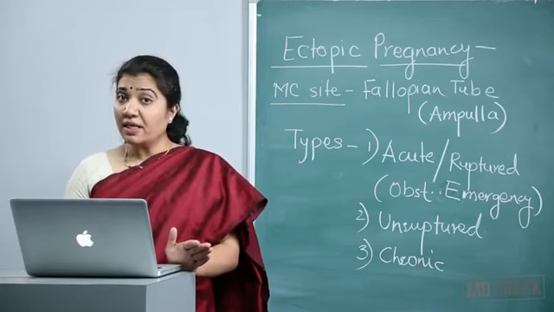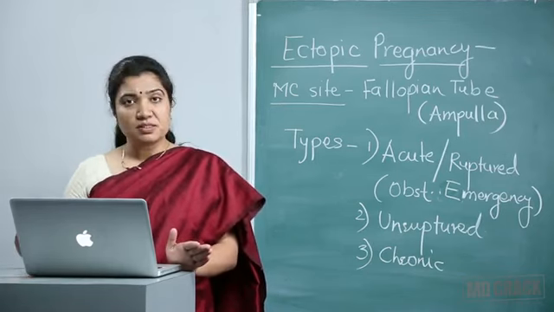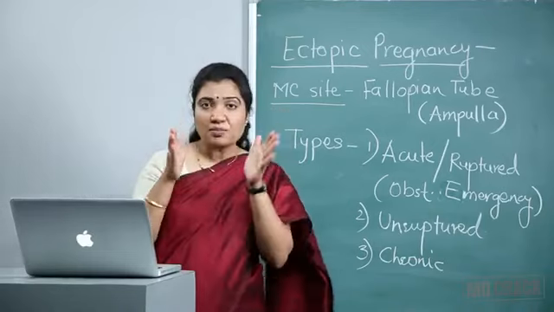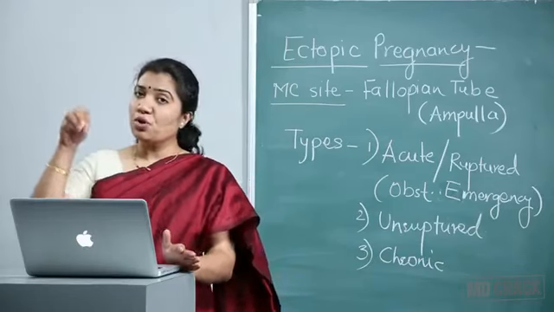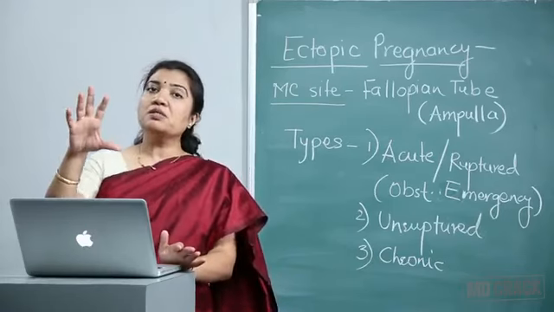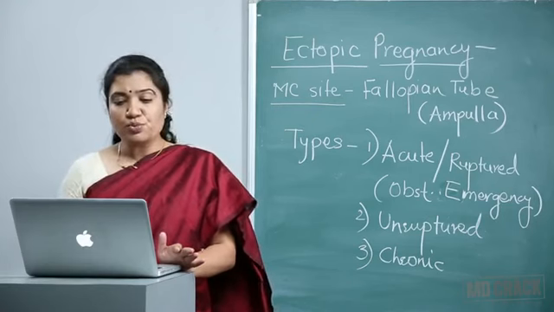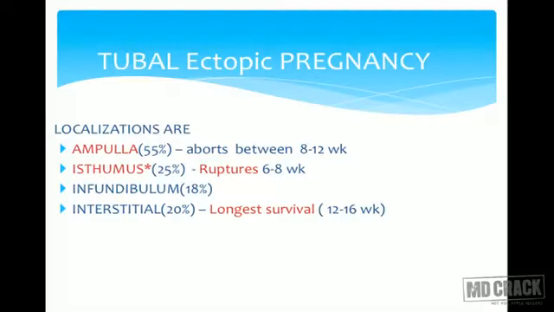Fallopian tube, 97% of the times that is the site for ectopic pregnancy. So once we think of ectopic, the first thing that comes to our mind is the pregnancy is not in the uterine cavity but somewhere in the fallopian tube. In the fallopian tube, the location is most commonly found in the ampullary region, almost 55% of the time.